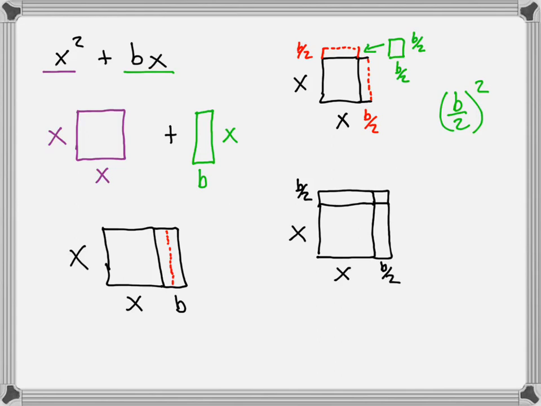So we can represent this as x plus b divided by 2 times x plus b divided by 2, which is actually x plus b divided by 2 being squared. So this is where that b divided by 2 comes from. Let's look at an example to further explain this.